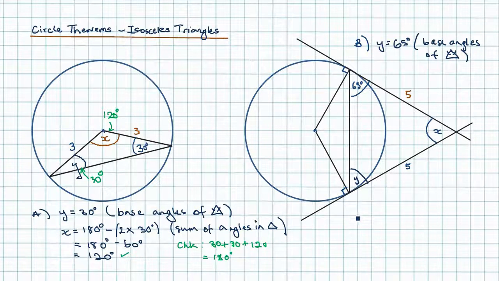Now what we've got to do is find x. So x must equal 180 degrees minus 2 times 65 degrees, which is equal to 180 minus, well, 65 add 65 is going to be 130, so it's 180 minus 130, so x must equal 50 degrees.